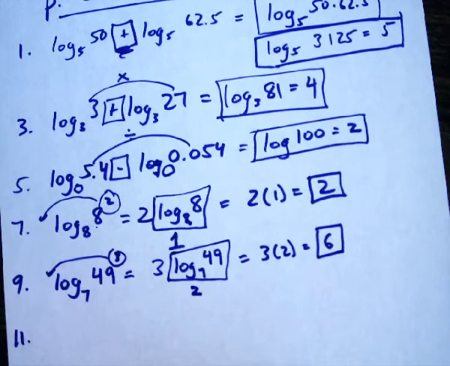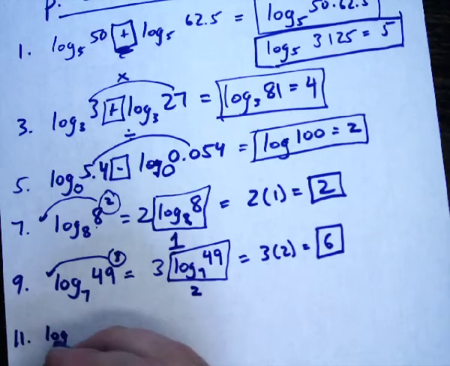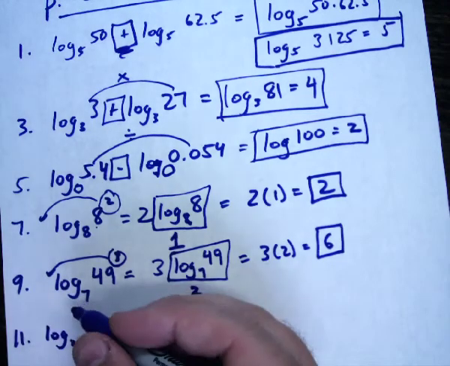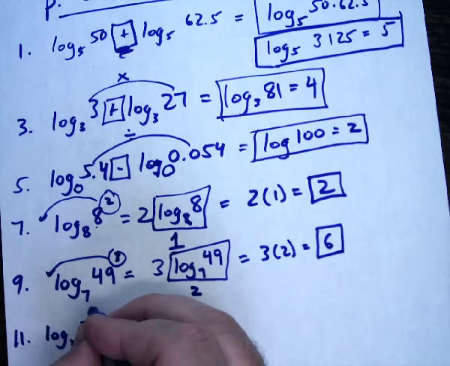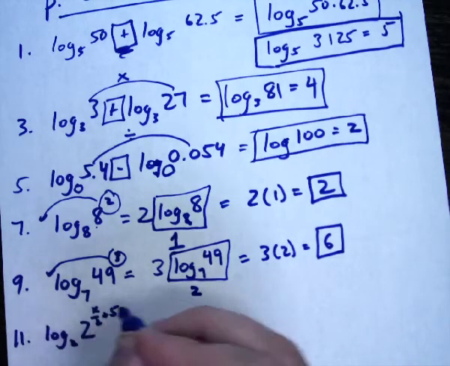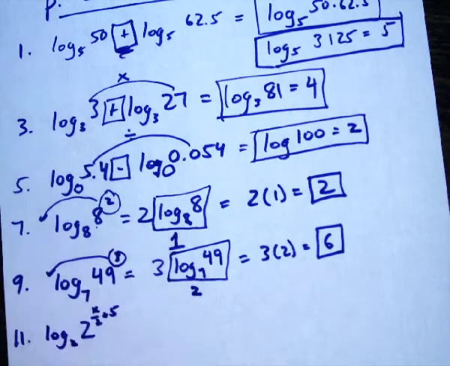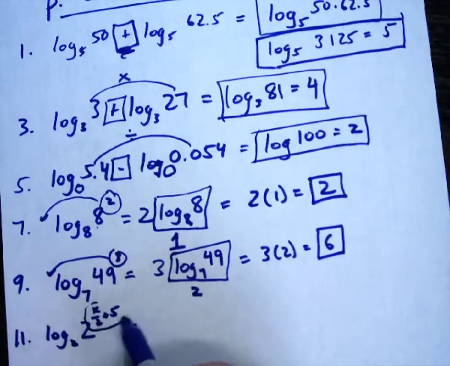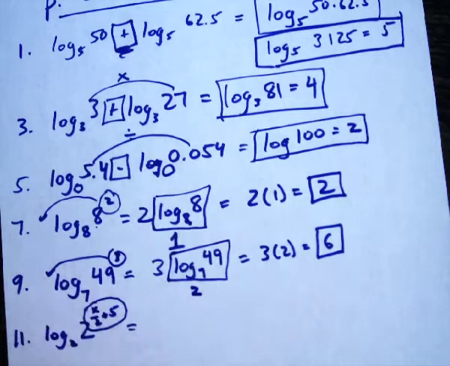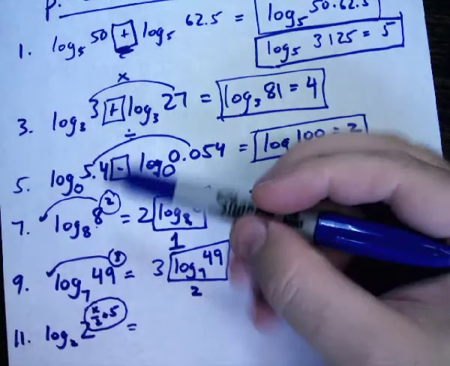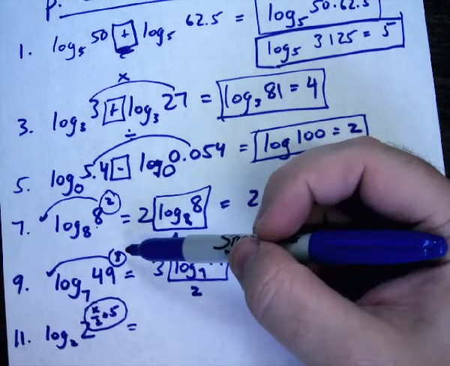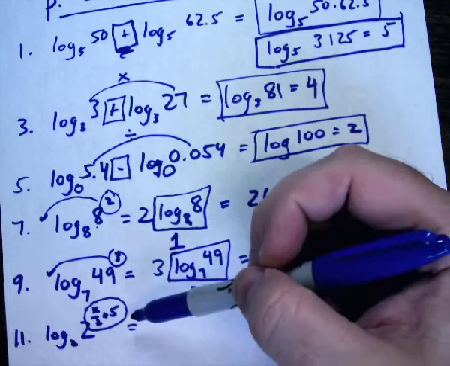Number 11, log base 2 of 2 to the x over 2 plus 5. Well, this is a fun one, but I'm just going to take, once again, the power. You might have a little bit of difficulty looking at this and deciding what to do, but the power is just the power. Here it was 2, here it was 3, here it's x over 2 plus 5.